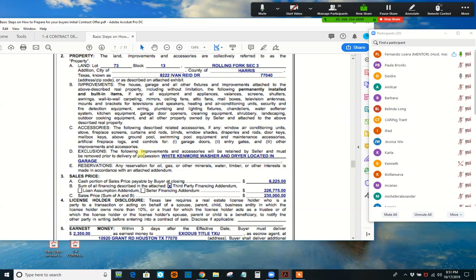Well, if you just type the word refrigerator under exclusions, we have no idea which refrigerator you're talking about. So be very specific. Say white Kenmore refrigerator in garage, or stainless steel refrigerator in kitchen. The more specific you are in a contract, the better.